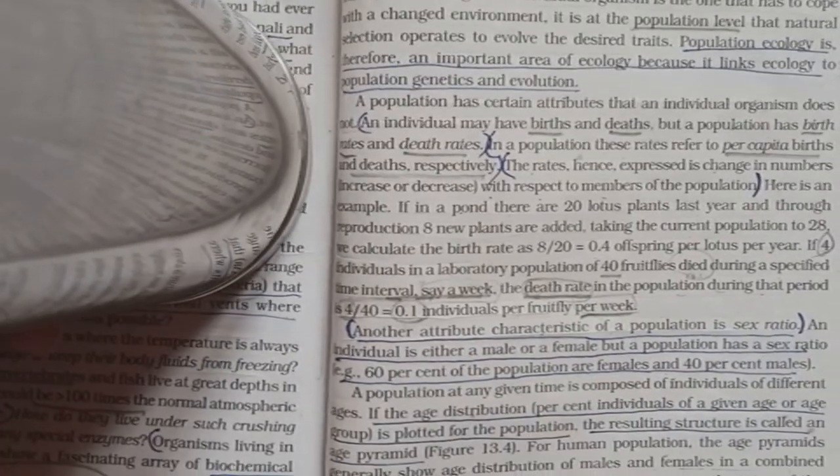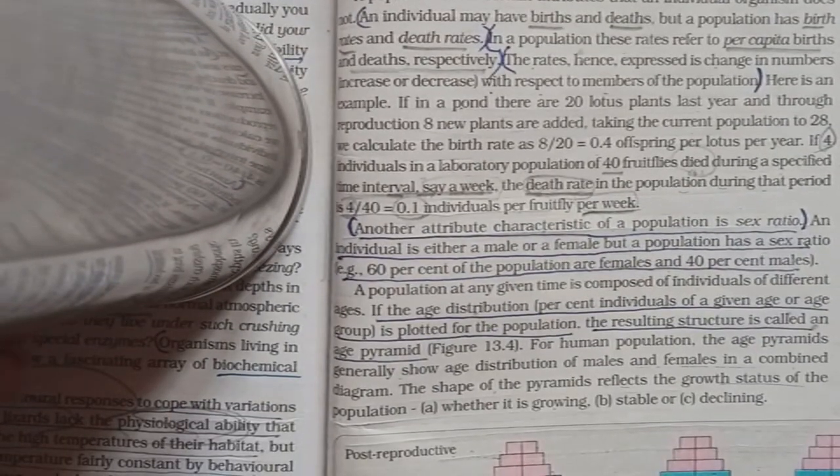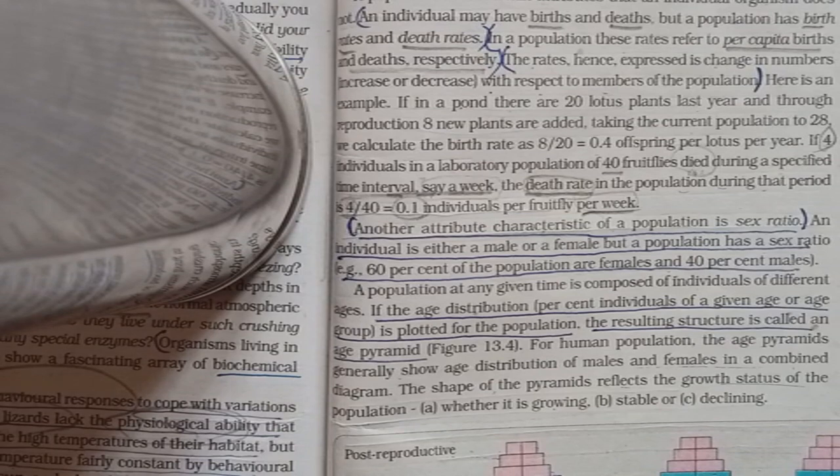Another attributive characteristic of population is sex ratio. So what is sex ratio? An individual is either a male or a female, but a population has a sex ratio. Example, 60% of the population are females, 40% of the population are males. This is the percentage of the males and the females present.